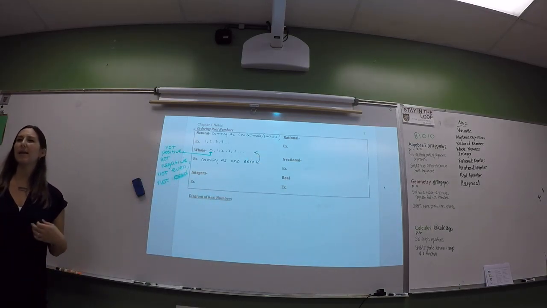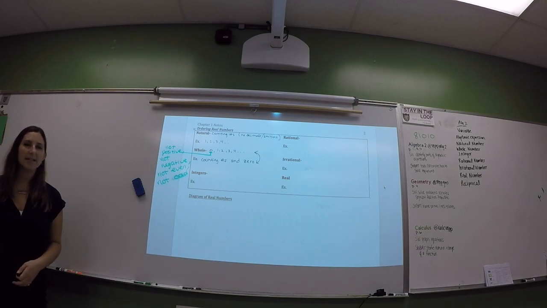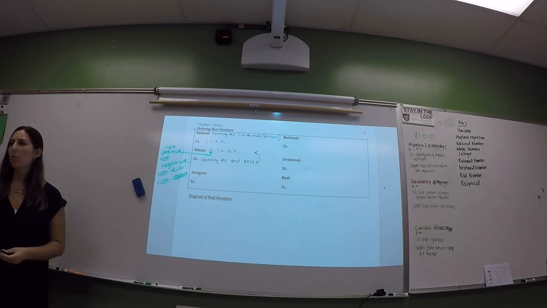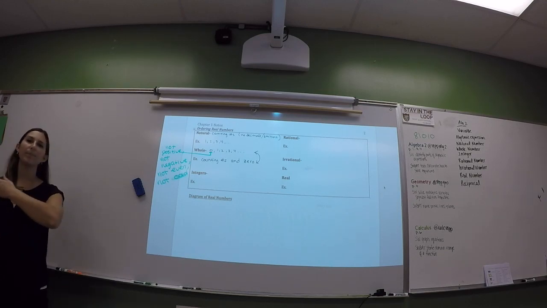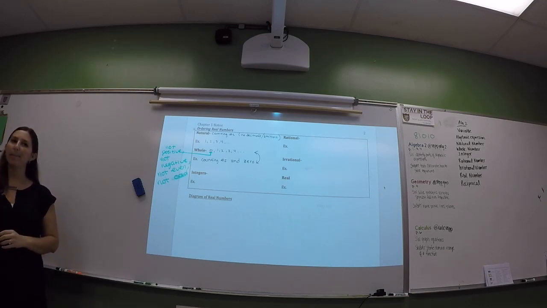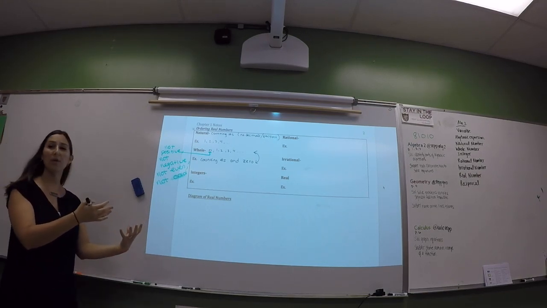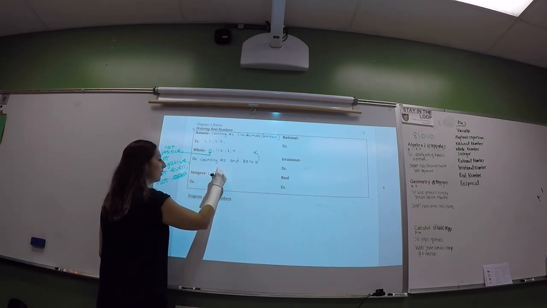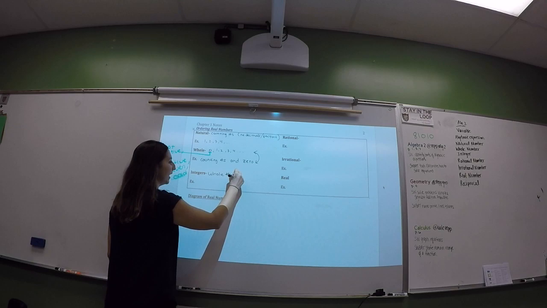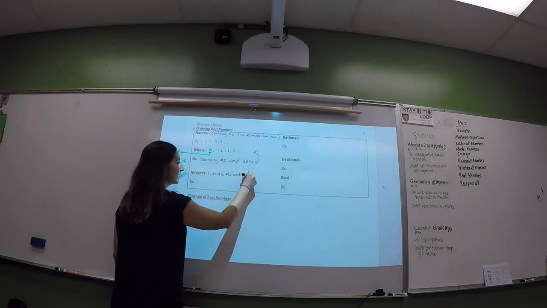Integers. This is the most common word I'd say often spoken about. What is an integer? What does it include that the other two don't? Negatives. So it's all of these whole numbers and their opposites.